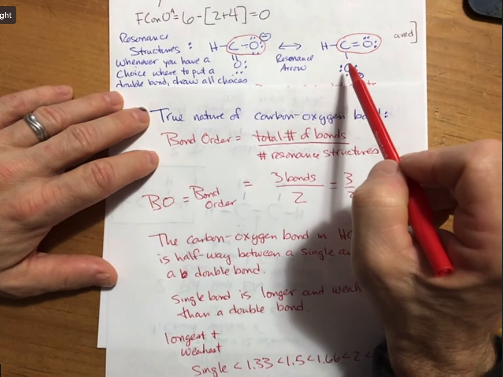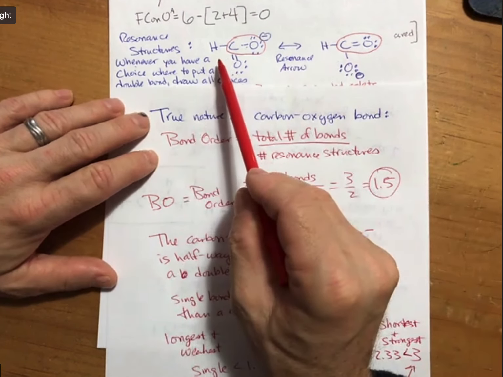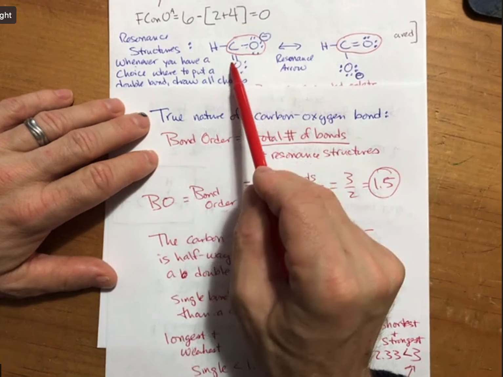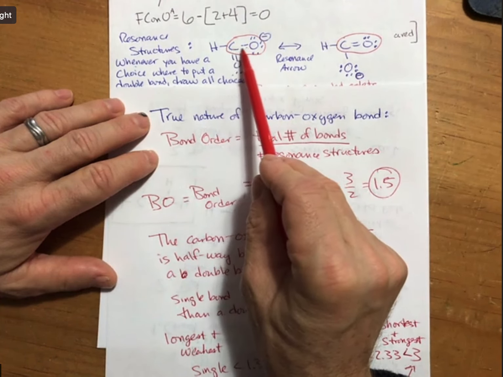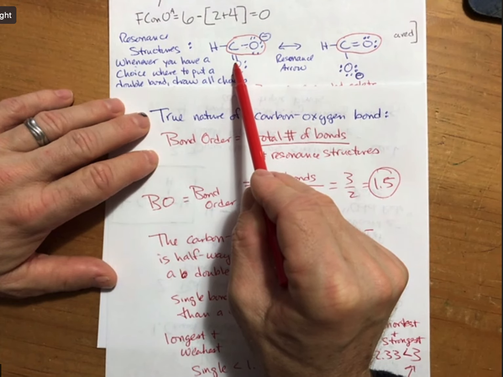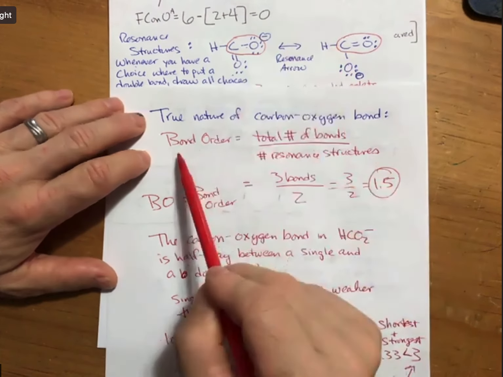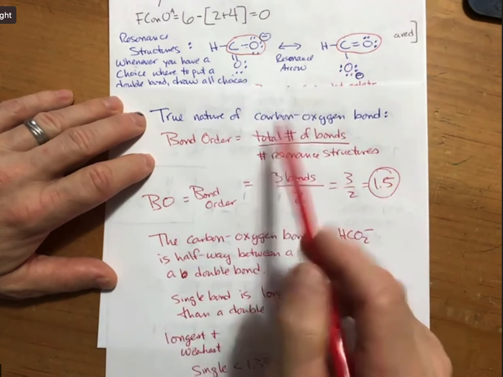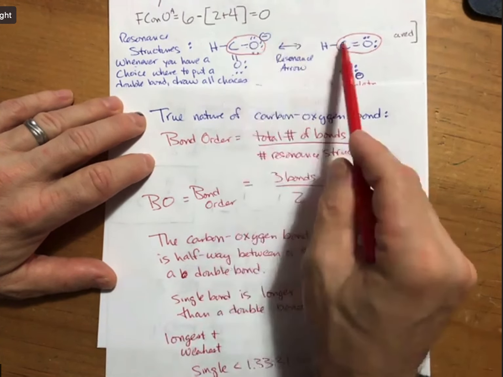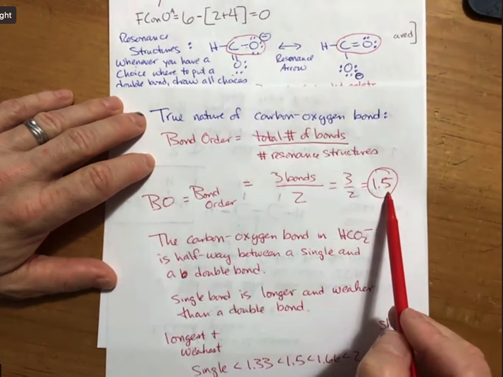And that's why we do resonance structures. If you look at just this, you might think that there's a single bond and a double bond in this molecule. But when you look at resonance structures and then do the bond order calculation, you see that both of these bonds are actually bond order 1.5.